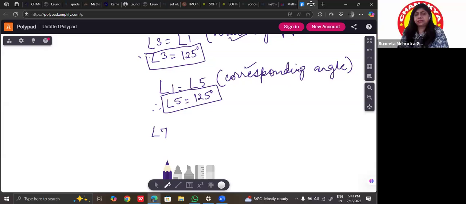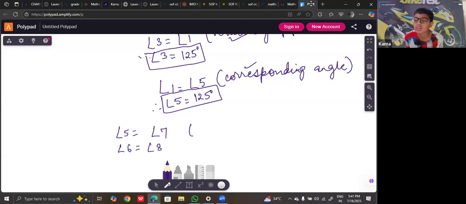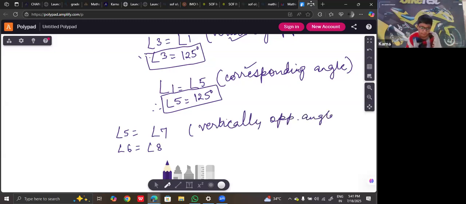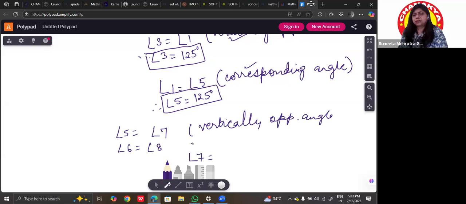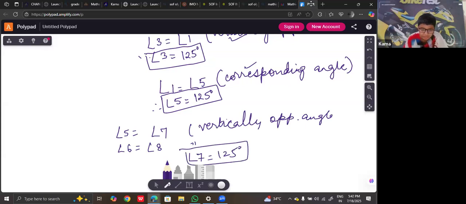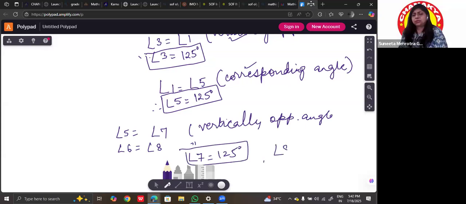Angle 5 is equal to angle 7, angle 6 is equal to angle 8. So angle 7 is 125 degrees, angle 8 is 55 degrees. Ma'am, first one vertically opposite, second one corresponding. Sorry, second one is also vertically opposite. Angle 7 is 125 degrees. Angle 8 is equal to 55 degrees.